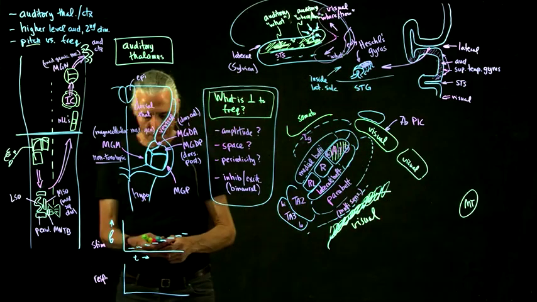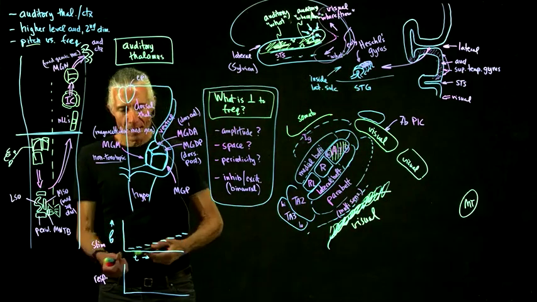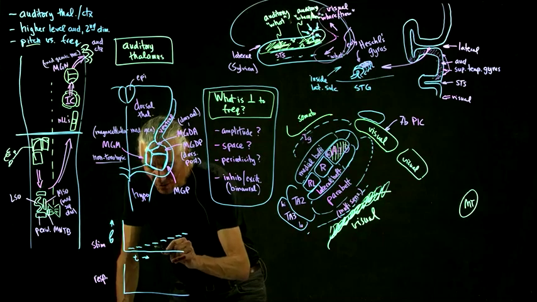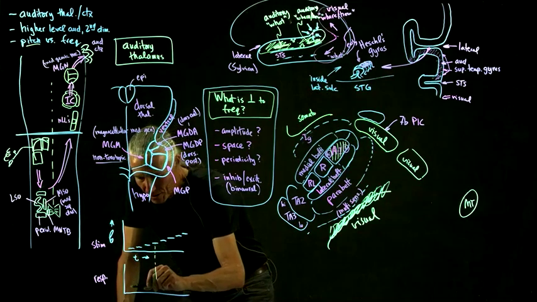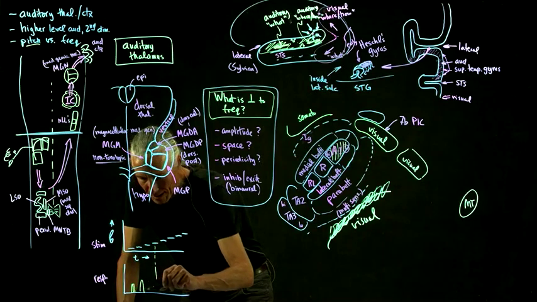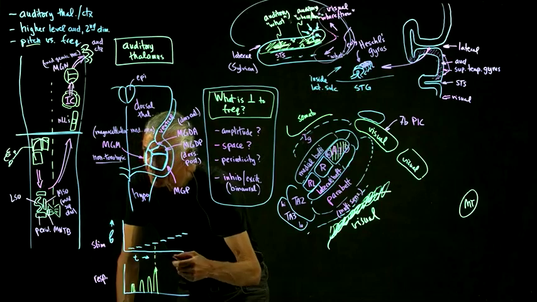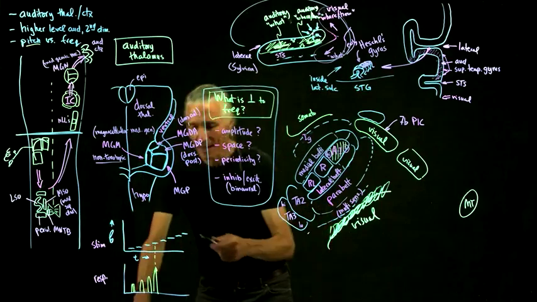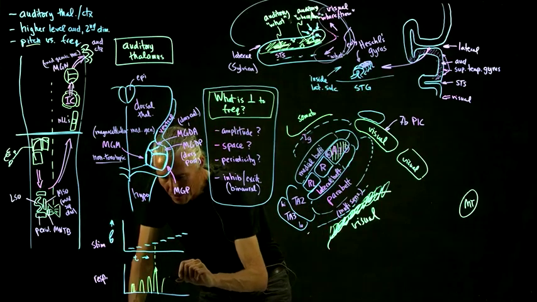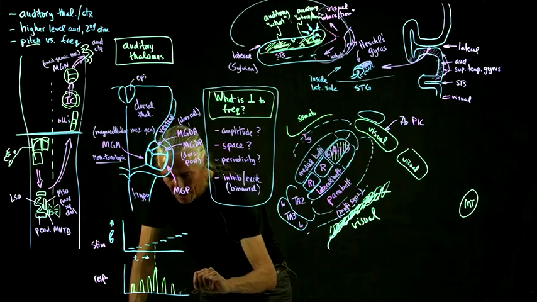What happens is you'll see that the cell, if the cell is tuned to this frequency, you'll see a little spike in response that will be biggest for that frequency. That's the center frequency of the cell. And then as you go up, the responses will tail off.